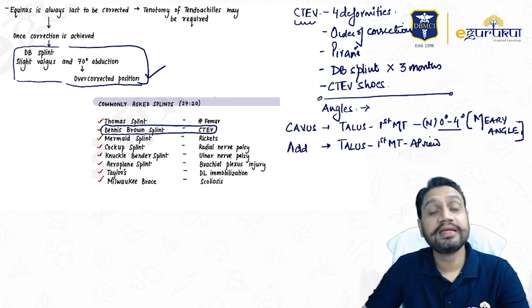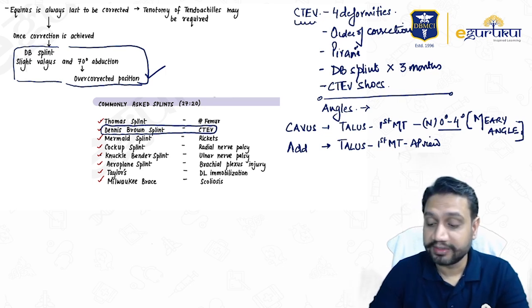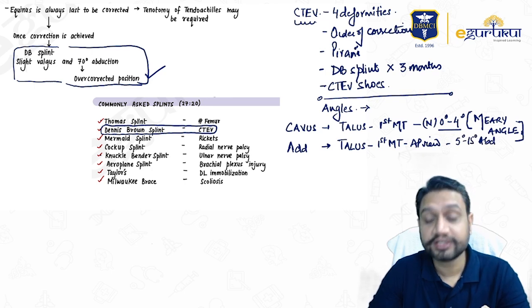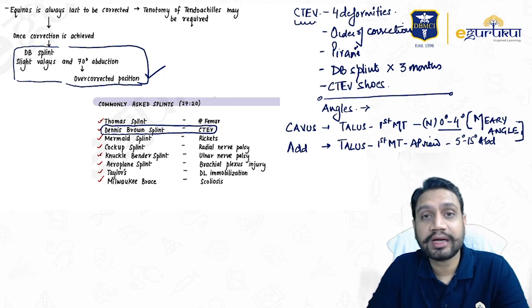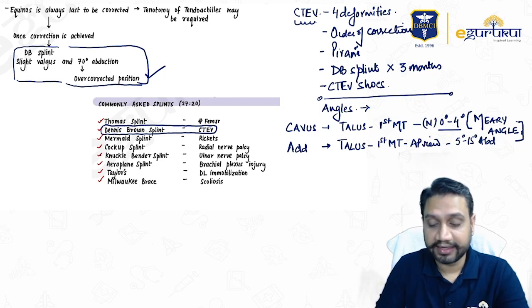So cavus will be seen in lateral view, and AP view will give you an idea about adduction, the axis through the talus and the axis through the first metatarsal. This is normally 5 to 15 degrees of abduction. In CTV, it is expected to decrease, and that will produce the adduction deformity of the foot.